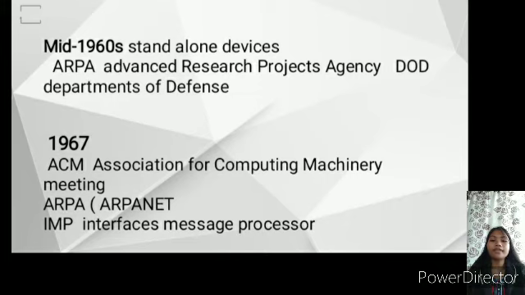The ARPA, or the Advanced Research Project Agency, is an agency of the United States Department of Defense. ARPA underwrote the development of the precursor of the internet, known as ARPANET.